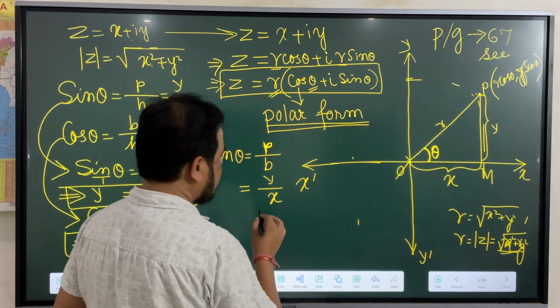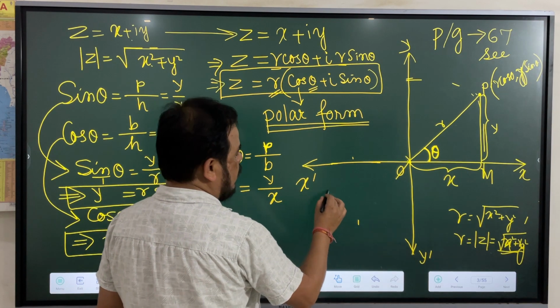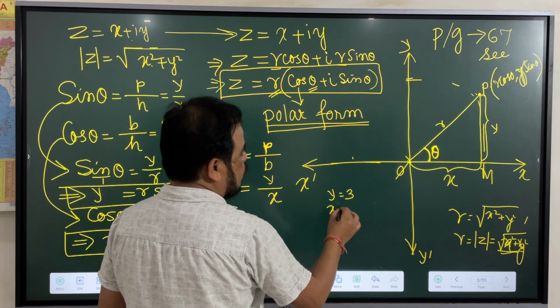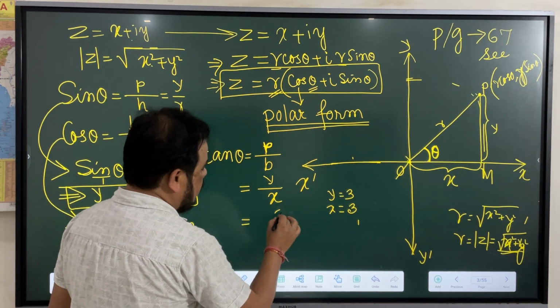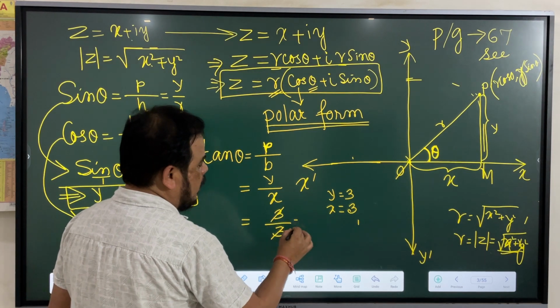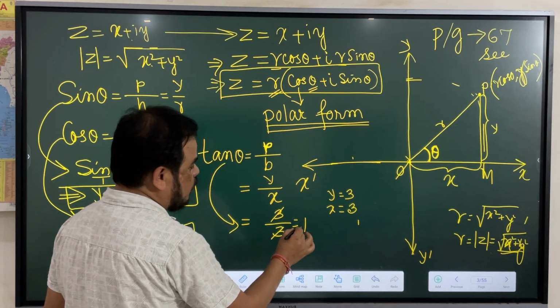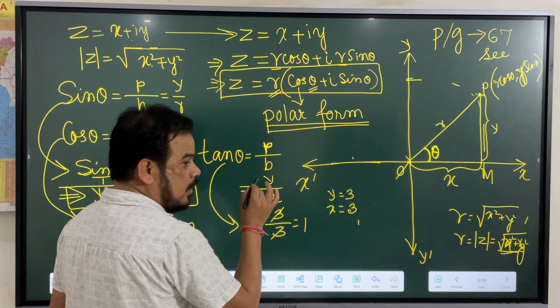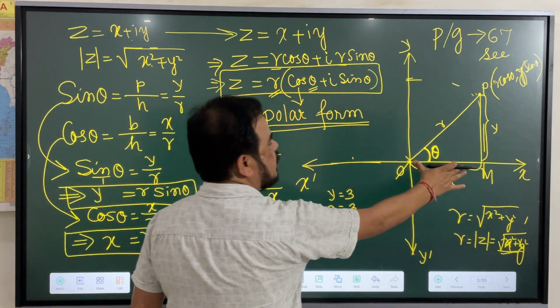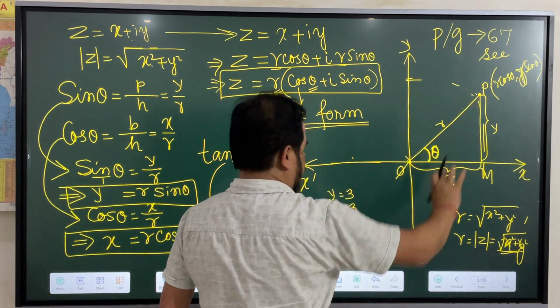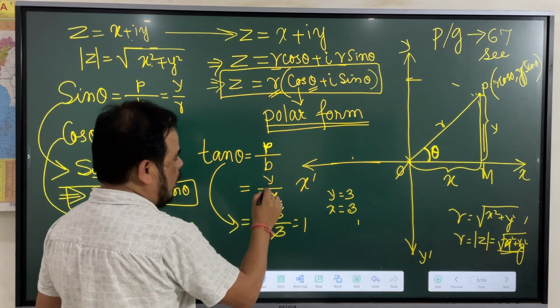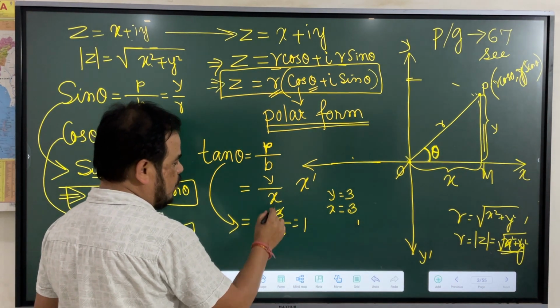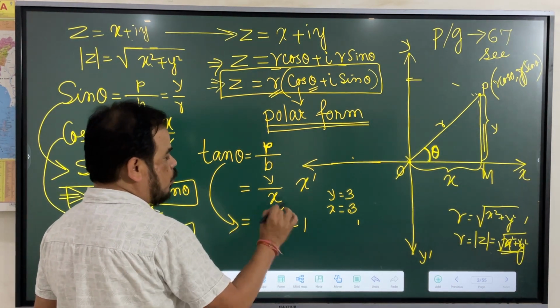Suppose y is 3, x also 3. Then 3 by 3 is 1. Tan theta is equal to 1, suppose this distance is 3, this distance also 3. In place of y we put 3, in place of x we put 3, 3 by 3 is 1. Tan theta is equal to 1.